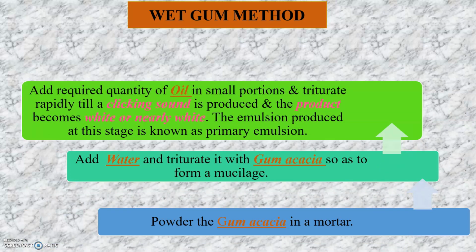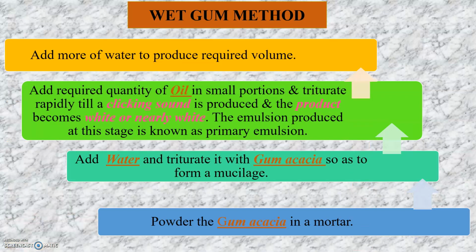Then add the required quantity of oil in small portions and triturate rapidly till a clicking sound is produced and the product becomes white or nearly white. This color is due to the total internal reflection of light. The emulsion produced at this stage is known as primary emulsion. And finally, add more water to produce the required volume.